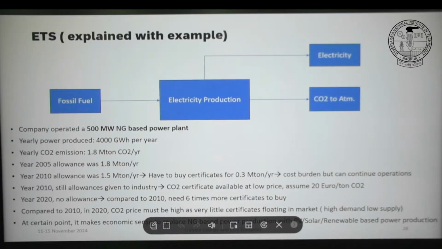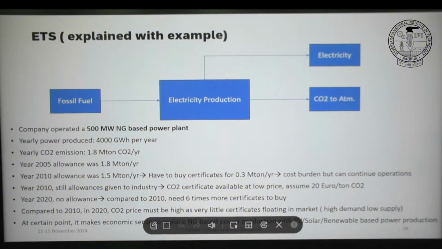Now in 2020 compared to 2010, let's assume in 2010 the certificate price was only 20 euro per ton. Today it's trading at somewhere around 70 euro per ton. And companies are expecting that this will go up to 150 or even 200 euro per ton by 2030, because it's a typical supply and demand thing.